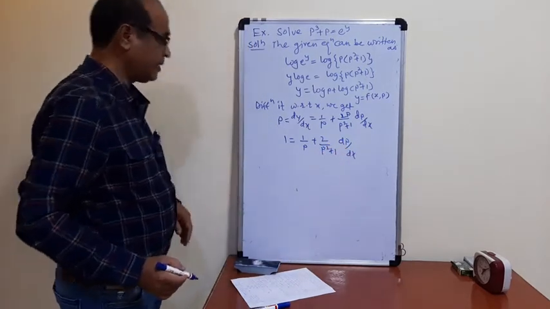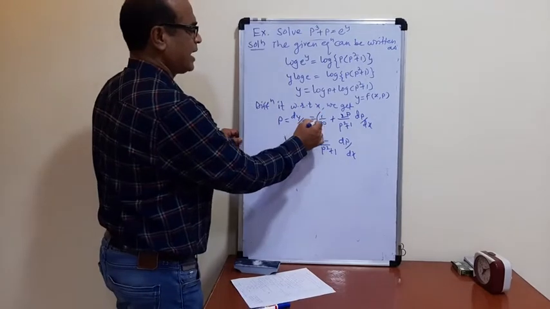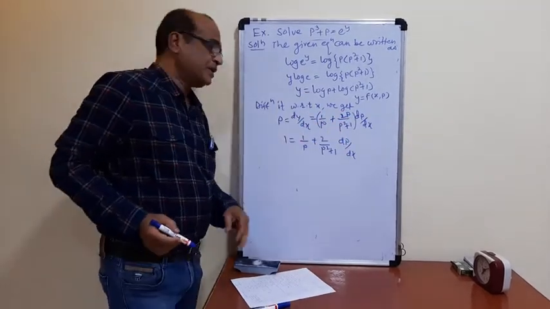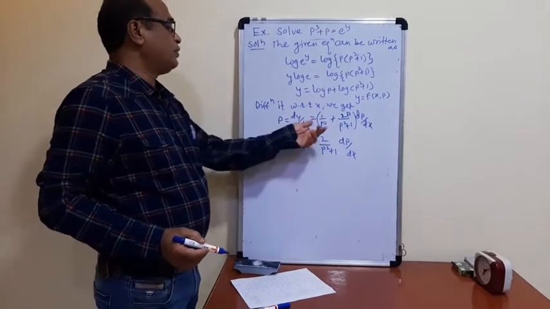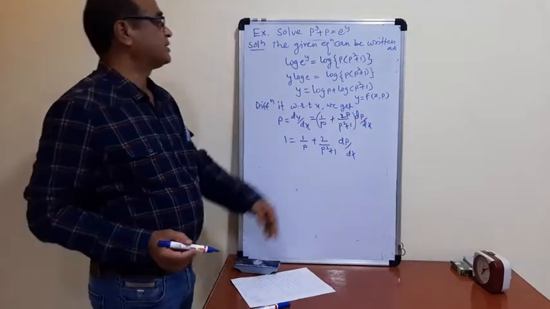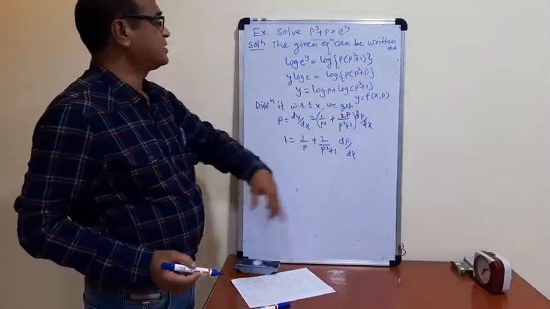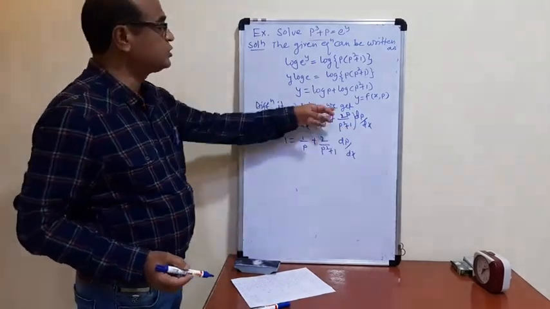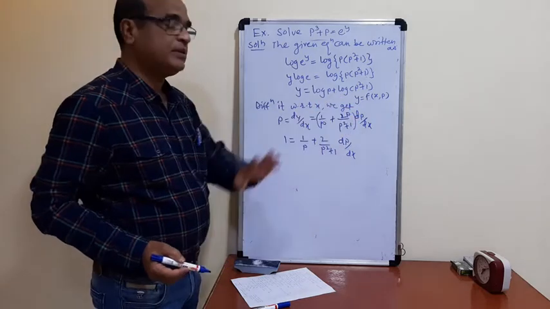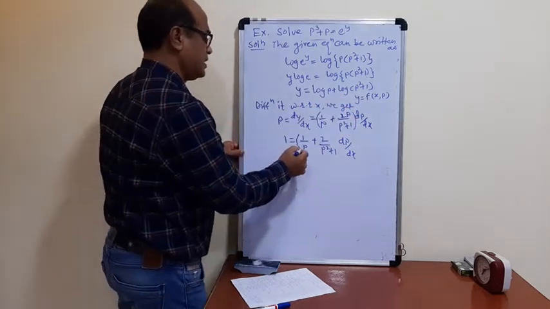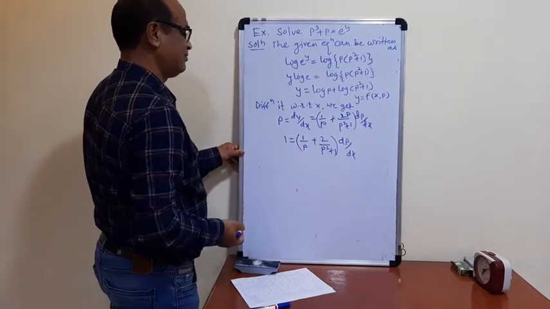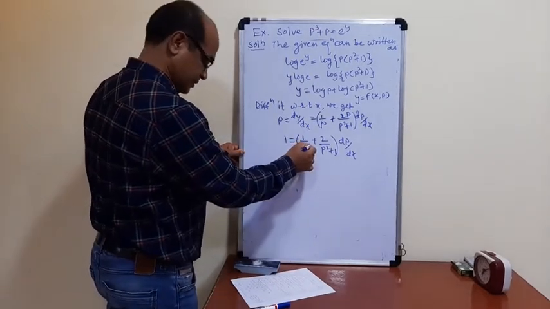Because what is the derivative of log p? That is 1 upon p into dp by dx. What is the derivative of the other term? 1 upon p square plus 1 into 2p into dp by dx. So p is cancelled here.